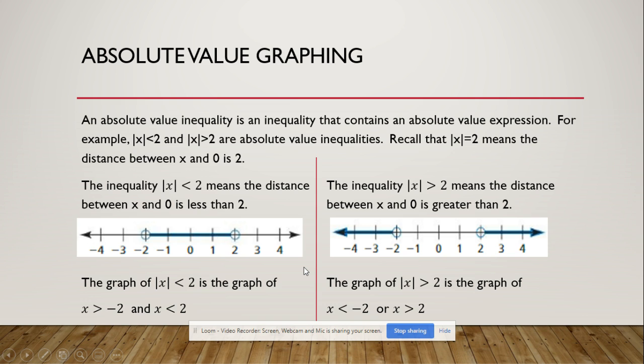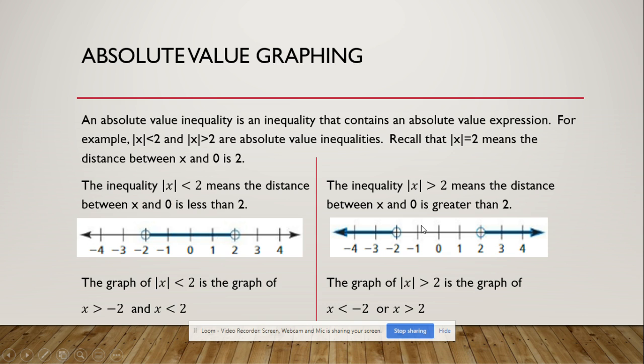Those numbers are also more than 2 away from 0. So the graph of the absolute value of x is greater than 2 is really the graph of the compound inequality where x is less than -2, because anything less than -2 is going to be more than 2 away from 0, or x is greater than 2.